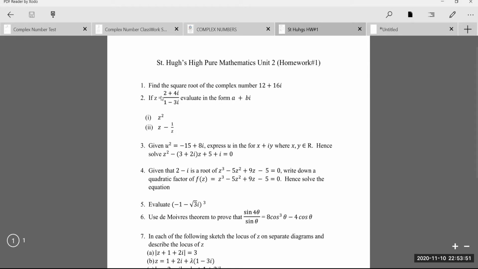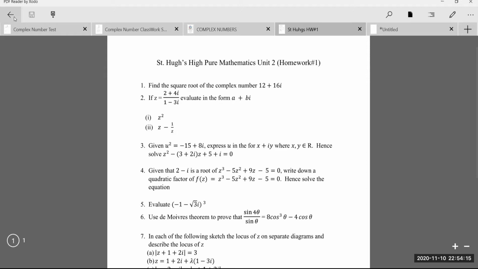All right, so this question says, if z is equal to 2 plus 4i over 1 minus 3i, evaluate in the form a plus bi. When they give us this question, what they're asking us to do is multiply by the complex conjugate and simplify it in the standard form of a complex number.